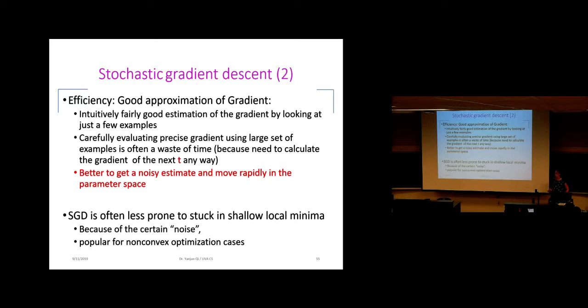But anyway, you'd better get a noisy estimate and move rapidly, because for every sample you're going to update your theta. With gradient descent, you calculate the summation by applying the model on every sample and then calculate that gradient vector. It's a really costly calculation.